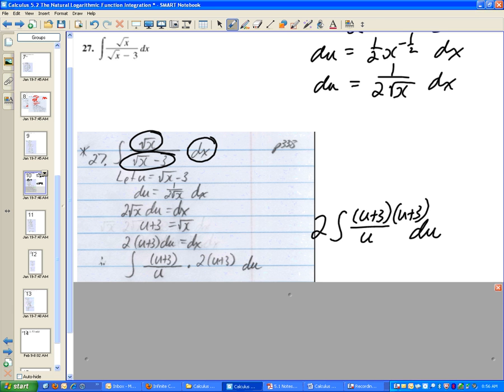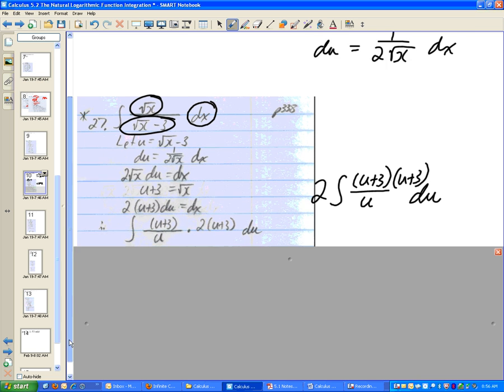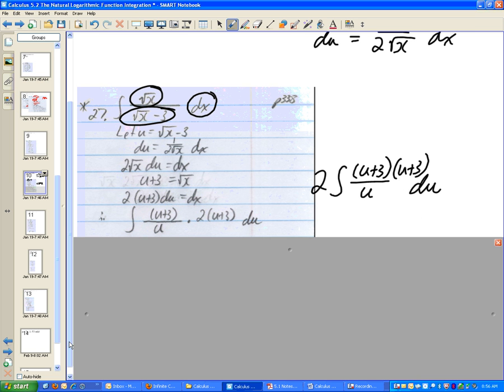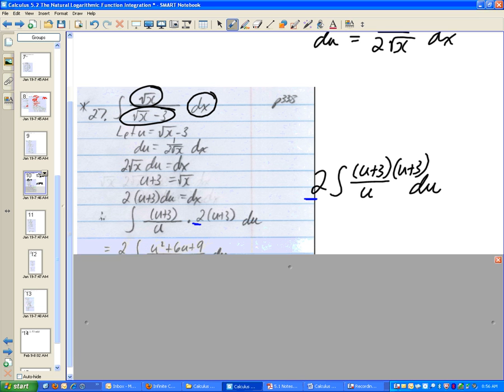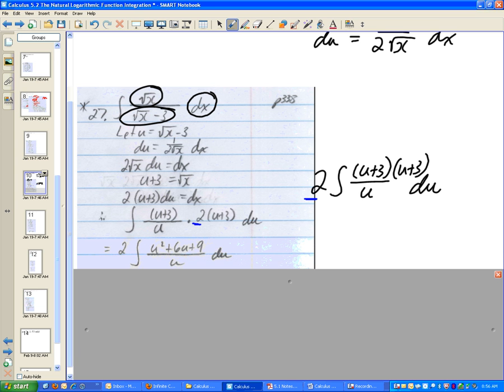I wonder if I'm going to work this for a while and then stop and have an "or" written and do it a different way that actually works. Could it be? Let's try this one. Let's not give up yet. All right, what can I do with that 2 that over here I stuck in front like I should have? Stick that in front. U plus 3 times u plus 3 is u squared plus 6u plus 9.